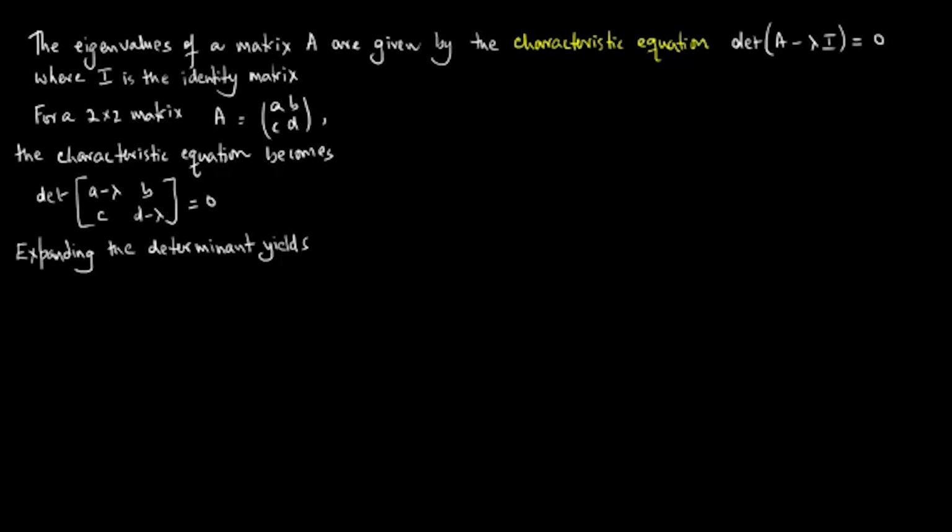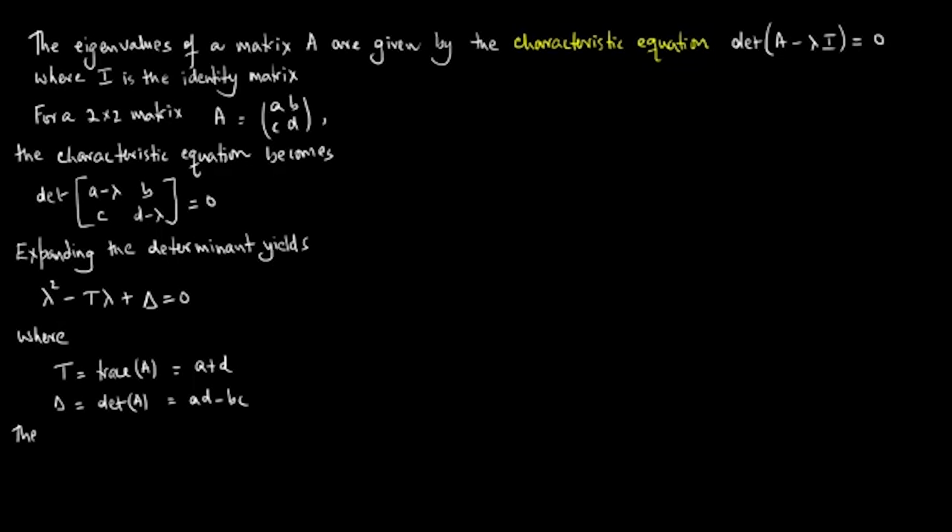Expanding the determinant yields lambda squared minus tau lambda plus delta is equal to 0, where tau is the trace of A, which is equal to a plus d, and delta is the determinant of A, which is equal to ad minus bc. Then lambda 1 is equal to tau plus the square root of tau squared minus 4 delta, divided by 2, and lambda 2 is tau minus the square root of tau squared minus 4 delta, divided by 2.